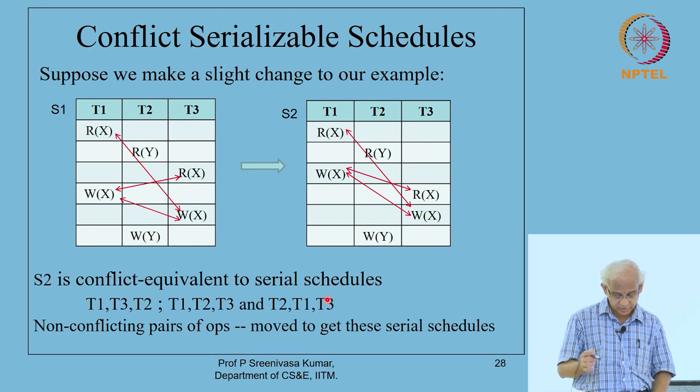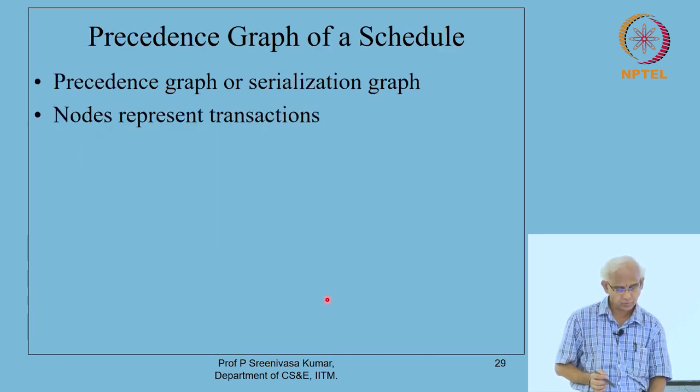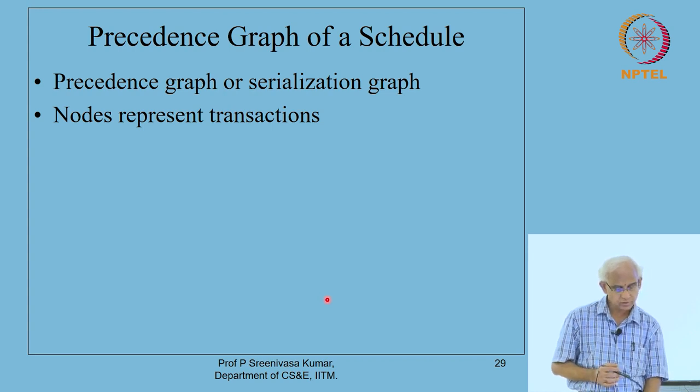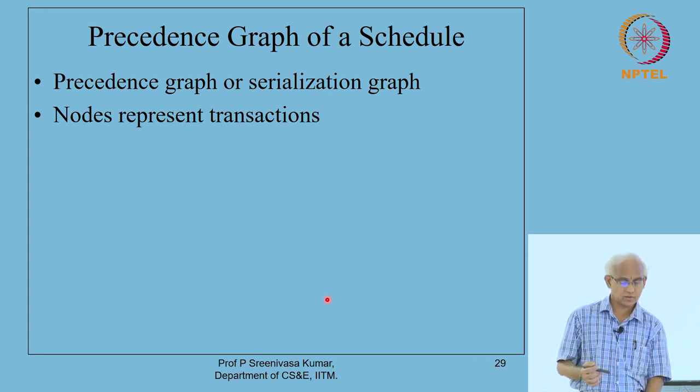In order to check whether something is conflict equivalent or not, we can construct what is called a precedence graph of a schedule. The precedence graph is also called a serialization graph.